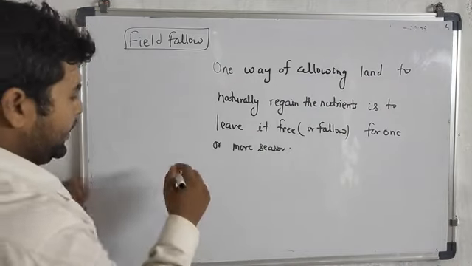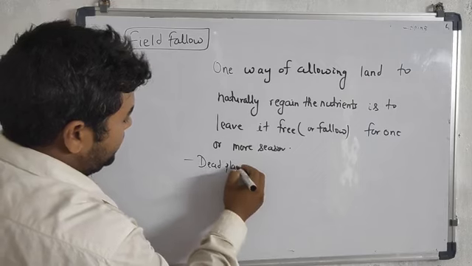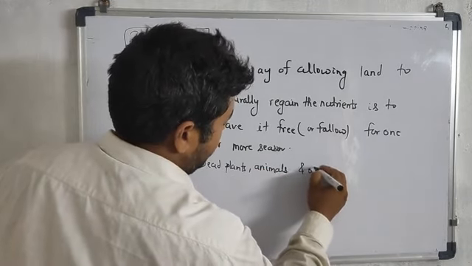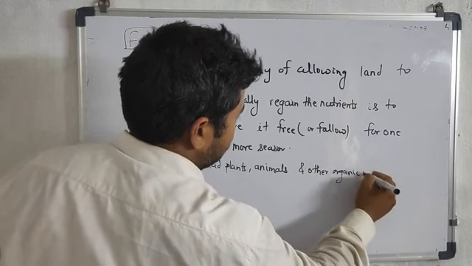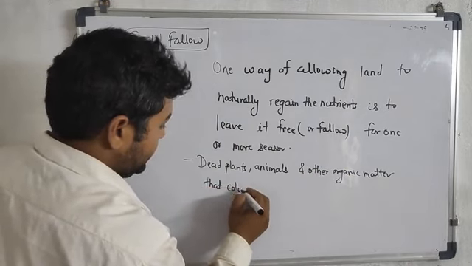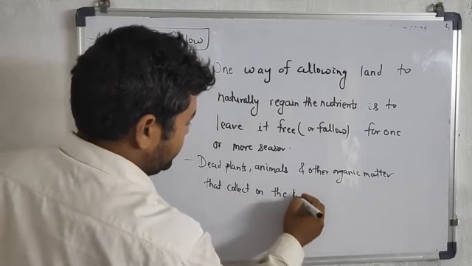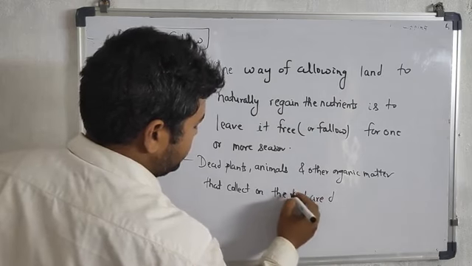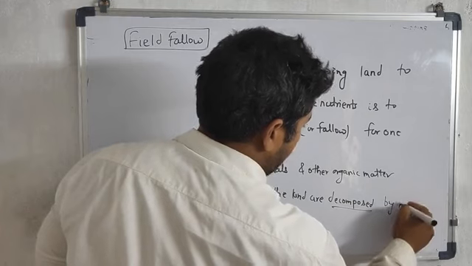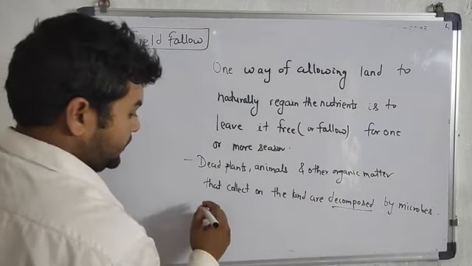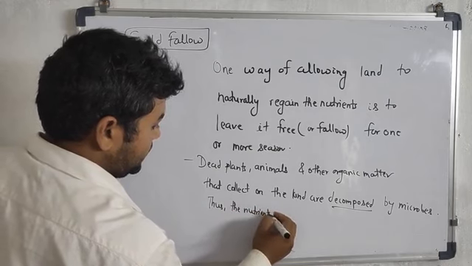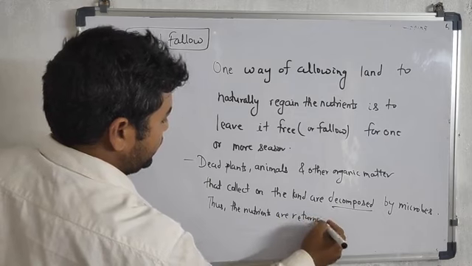Then what is going to happen? Dead plants, animals and other organic matter that collect on the land are decomposed by microbes, thus the nutrients are returned to the soil.